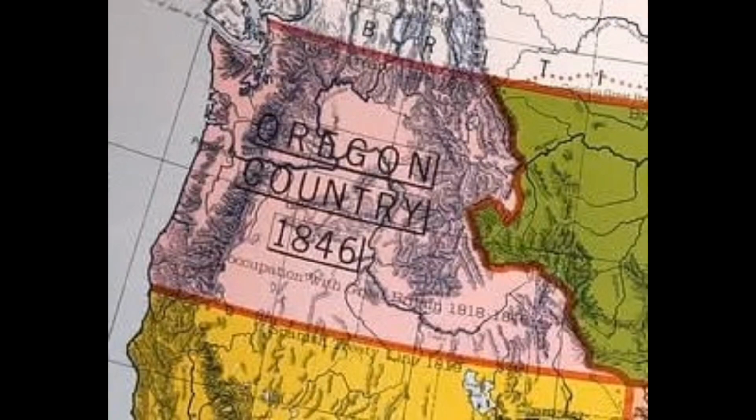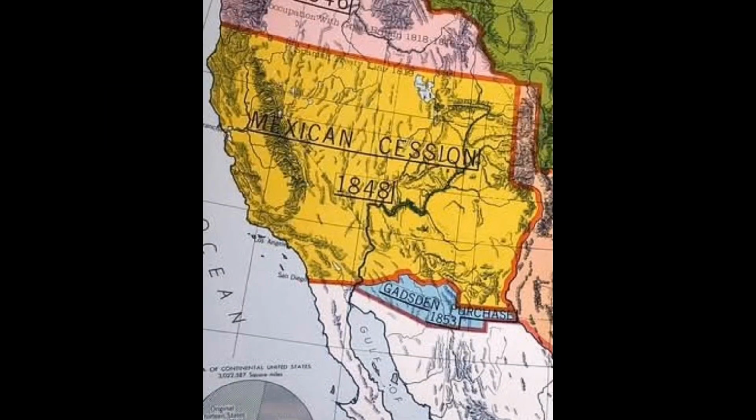So here's where it gets real iffy. California, this whole area that you're seeing here, and I guess it's yellow because I'm colorblind. This was all once again part of Mexico's empire, and they had learned their lessons from the Texas debacle.